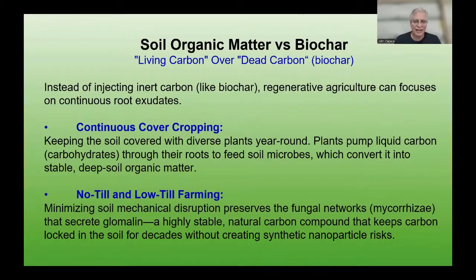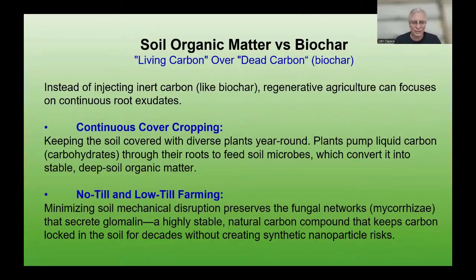These plants actively pump liquid carbon in the form of natural carbohydrates down through their roots and to feed hungry soil microbes. These microbes, in turn, process these sugars and convert them into stable, deeply buried soil organic matter.